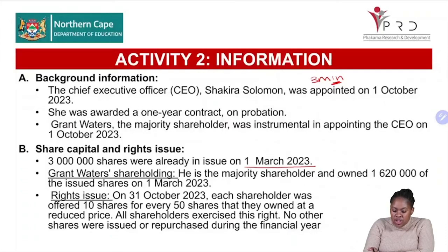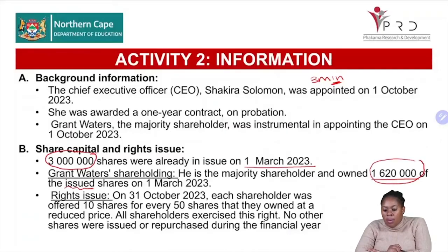He is the majority shareholder and owned 1,620,000 of the issued shares on 1 March 2023. So from the 3 million, he owns 1,620,000.